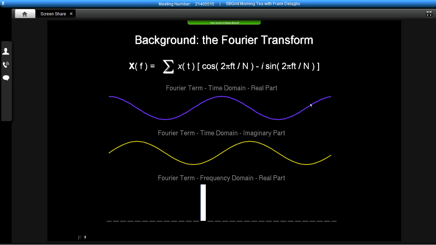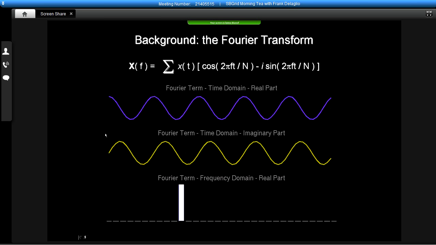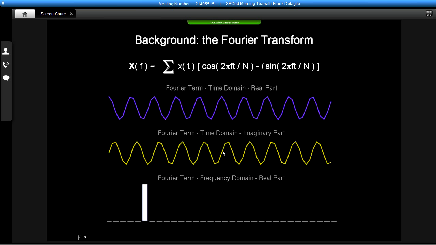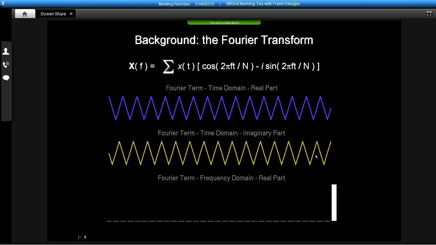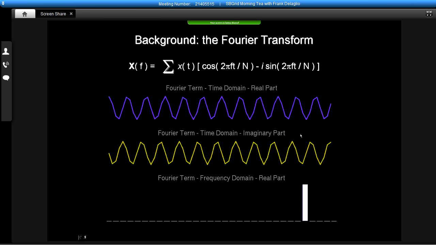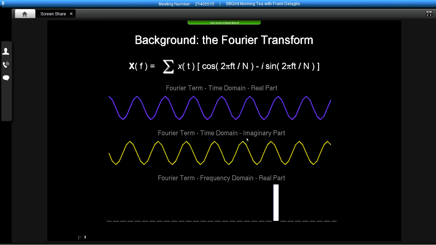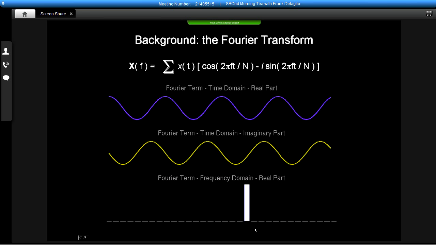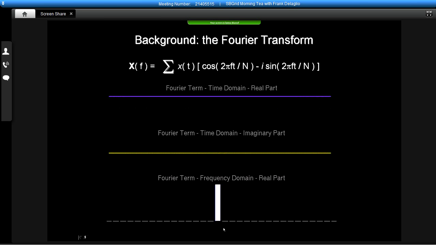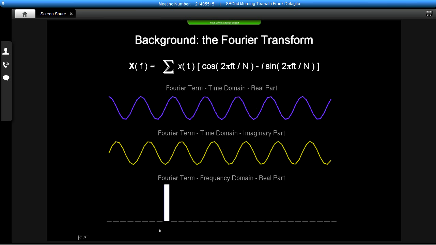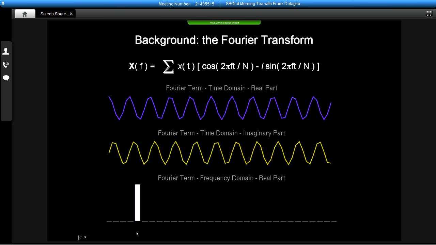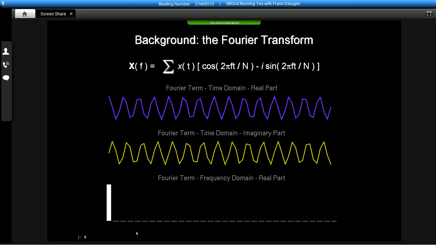So here's the real Fourier term in purple, and here's the imaginary Fourier term in yellow. And to form the Fourier transform, we step through each of these Fourier terms, and each one of them corresponds to a different frequency point in the corresponding spectrum. So that's by way of background.